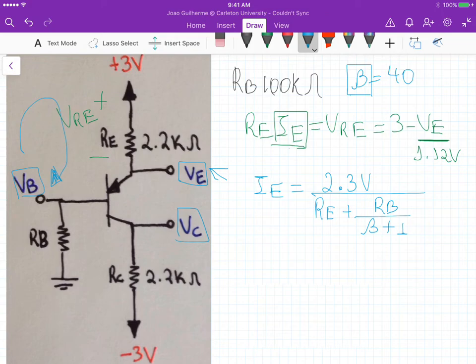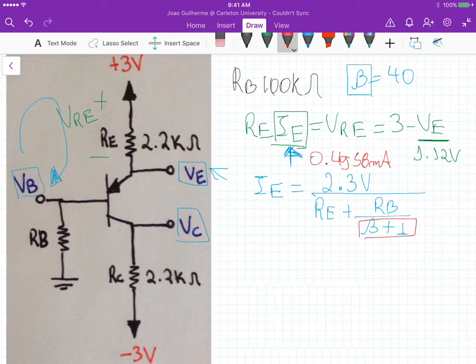So if we need to keep this IE the same as the first analysis, which was 0.4958, we must select a new value of beta that gives us that same value.